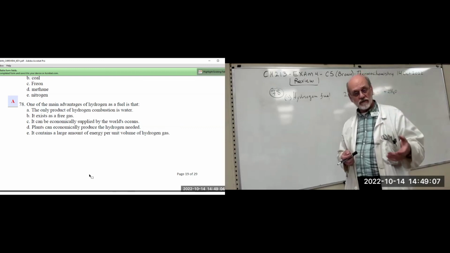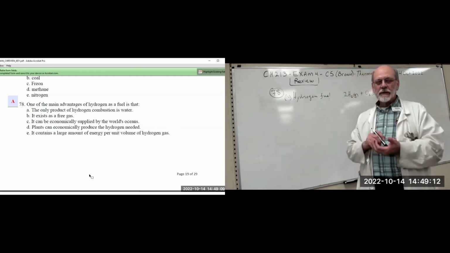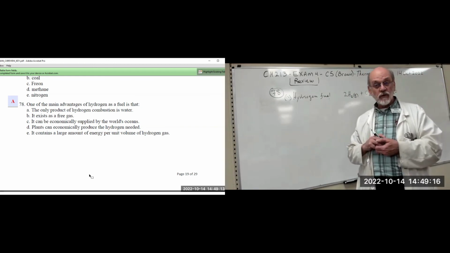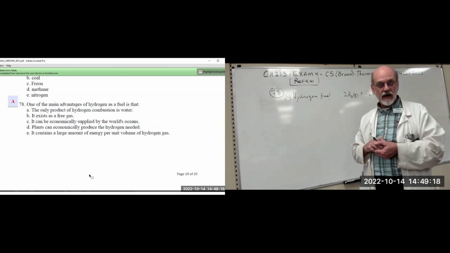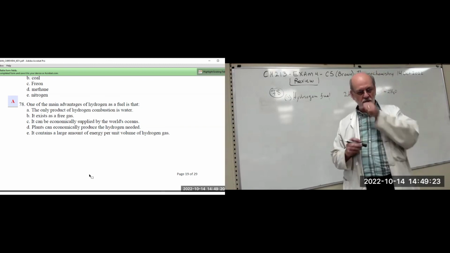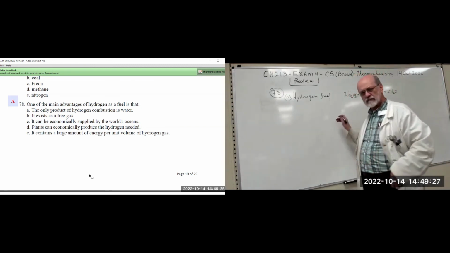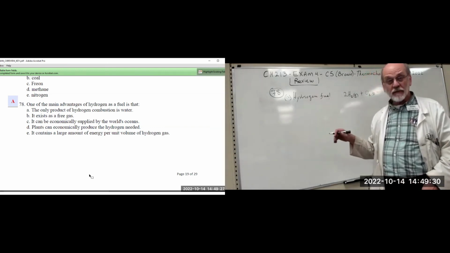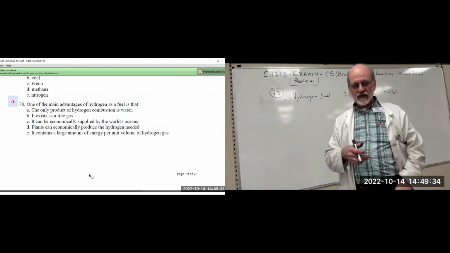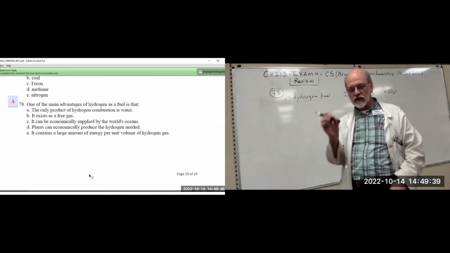Based on the moles, it's very efficient. And the only place that it's really an advantage is in rocketry, because hydrogen combined with oxygen produces a very high specific impulse. And we don't have time to talk about that right now, but it makes it a very efficient fuel for rockets. But that doesn't cover the whole economy. That's just one little sliver.